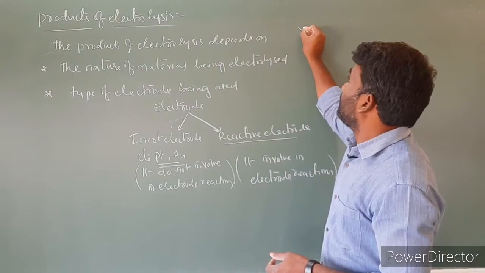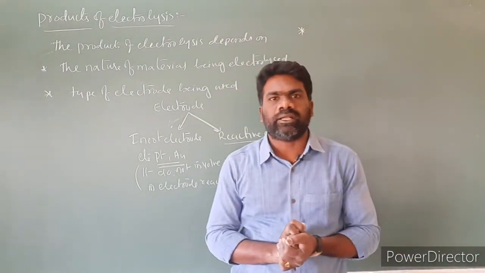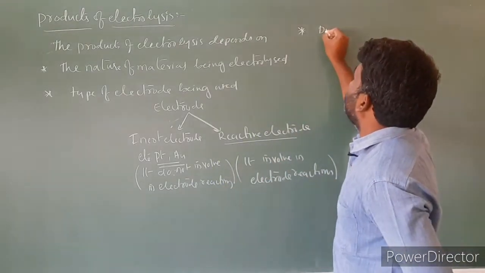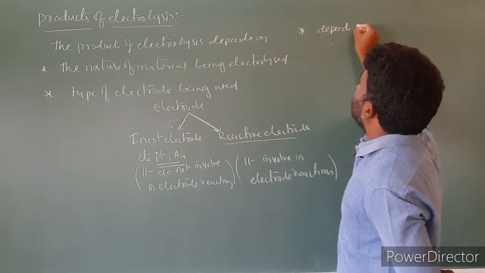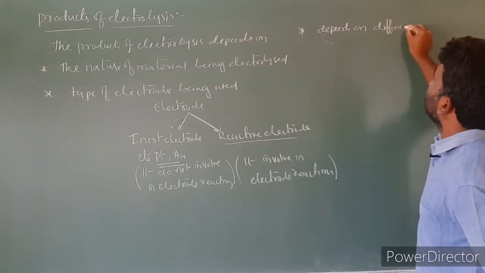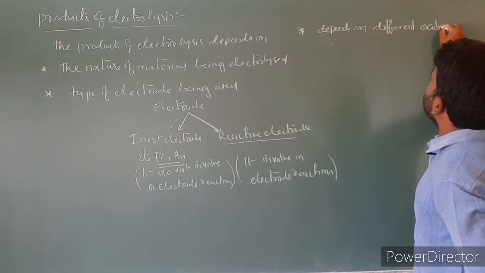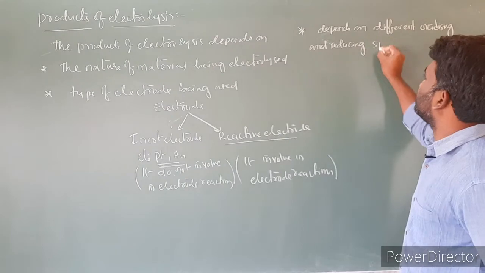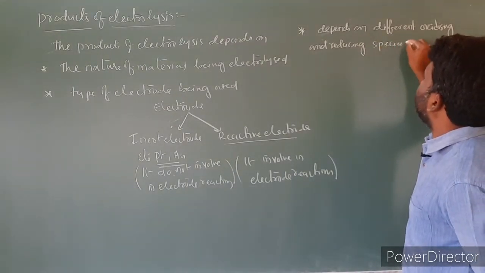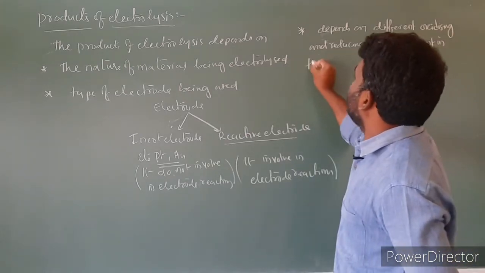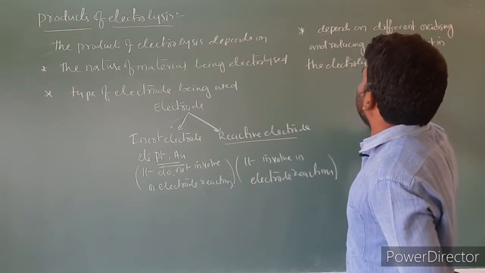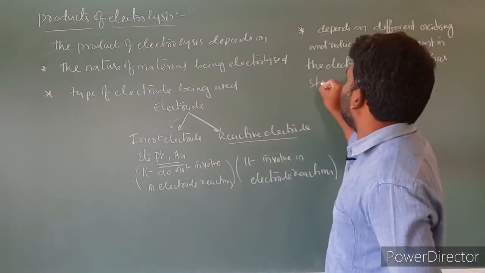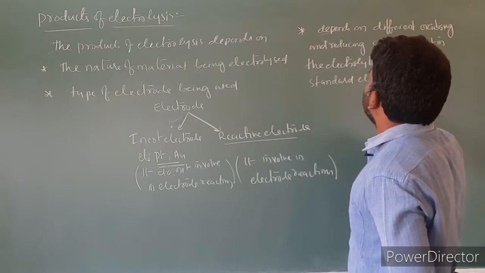The third one is that the products of electrolysis depend upon the different oxidizing and reducing species present in the electrolytic cell and their standard electrode potentials.